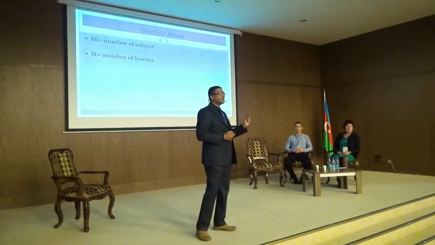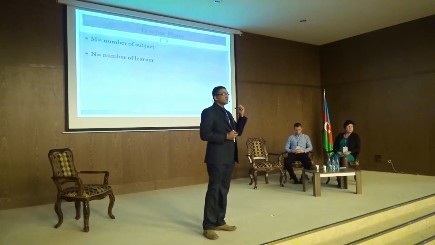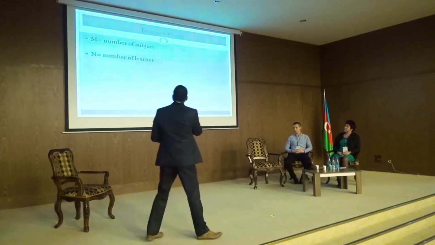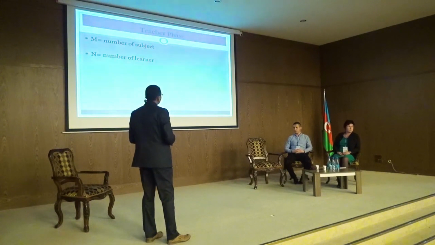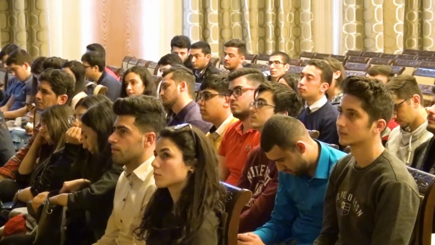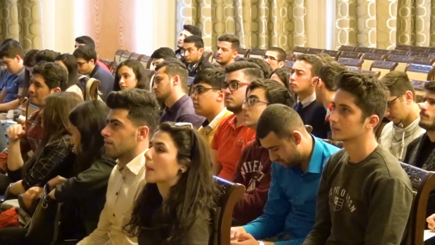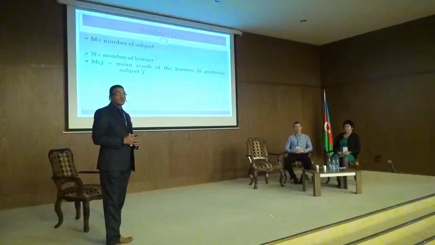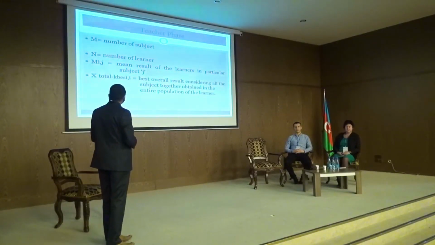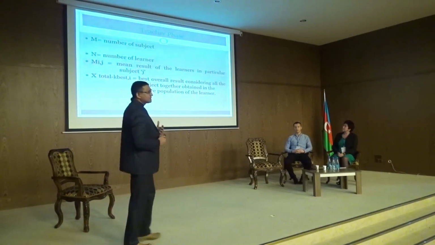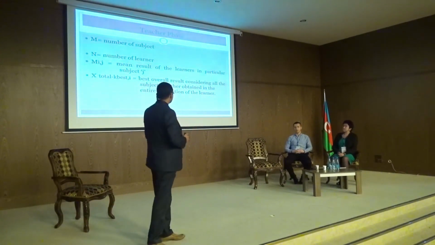Mathematically, the number of design variables x1, x2, x3, so the number of courses offered to the students will be the design variables. M is the population, that is the number of learners or students. Mij refers to the mean result of the learners in a particular subject j at any iteration i. K-best is basically the best learner, which attains the maximum result out of the first phase.